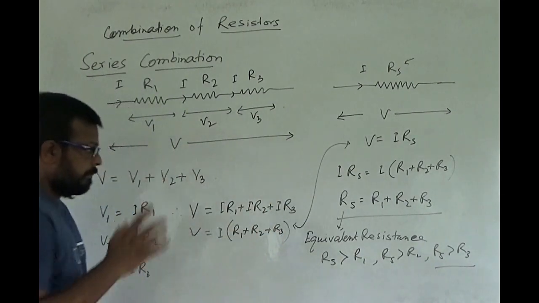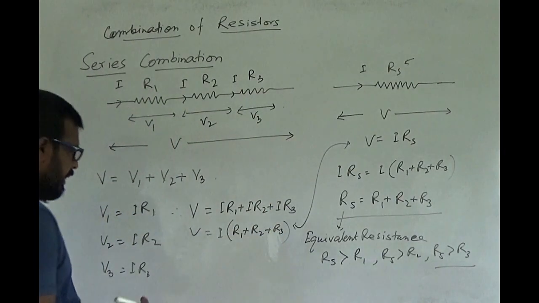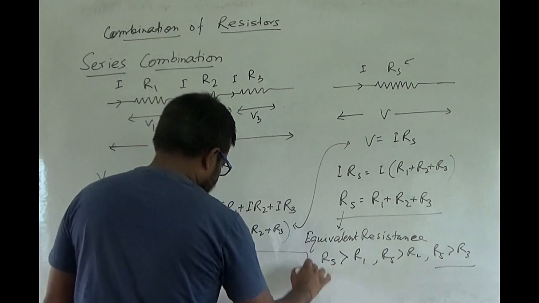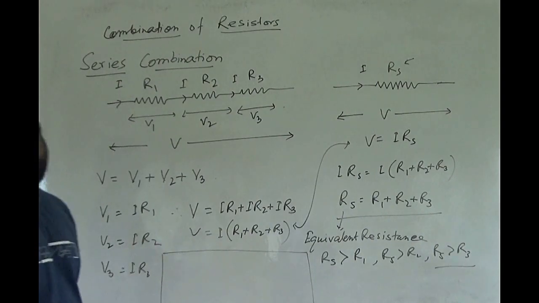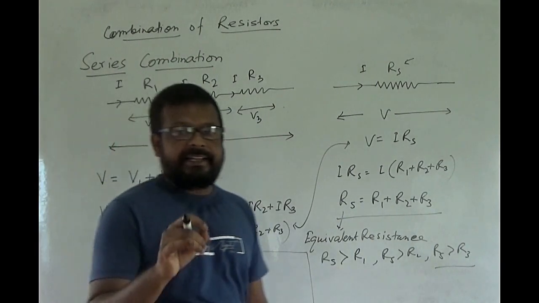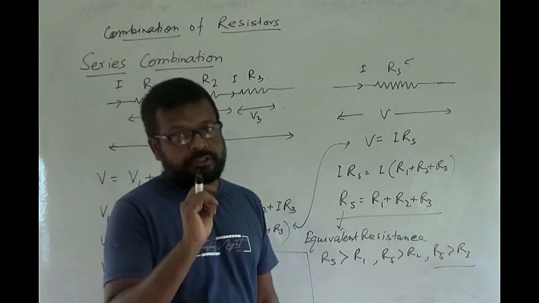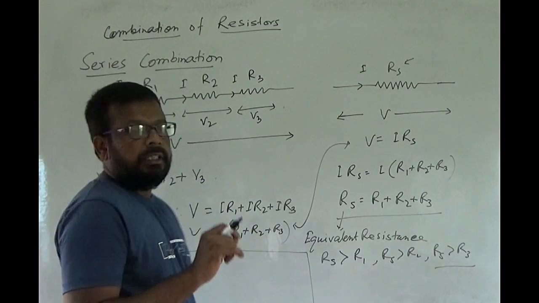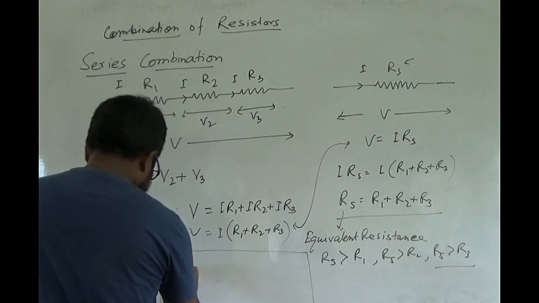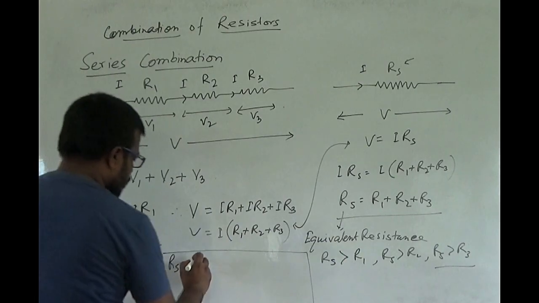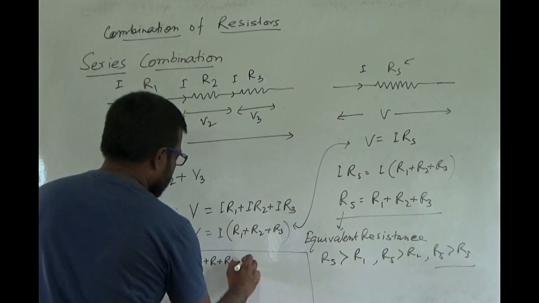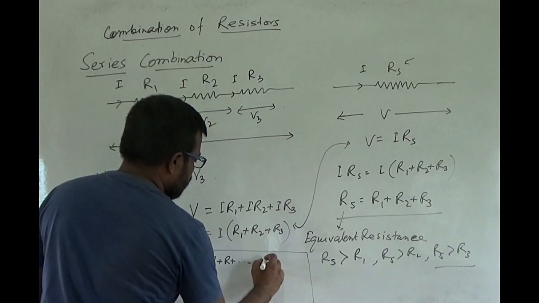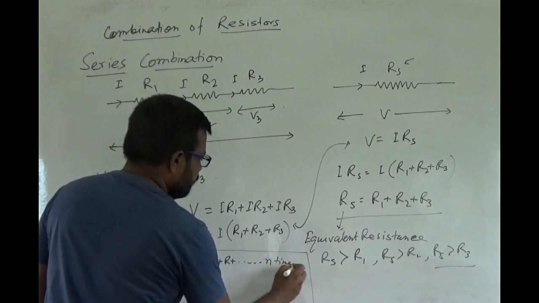Another thing: if we connect n resistors of the same resistance R in series combination, then the effective resistance Rs is equal to R plus R plus R, and so on, n times.